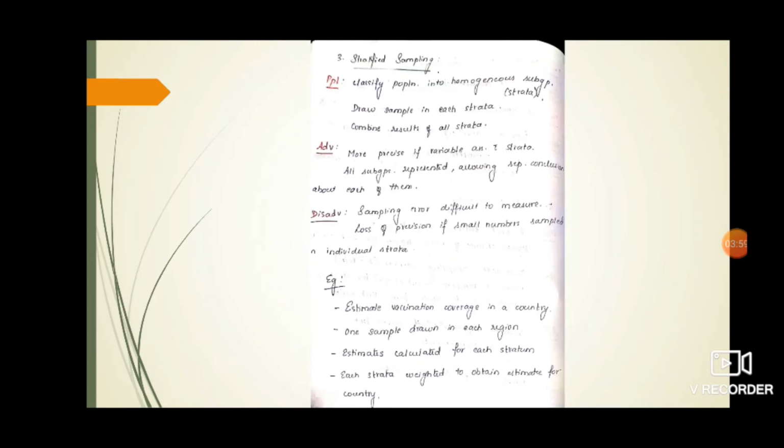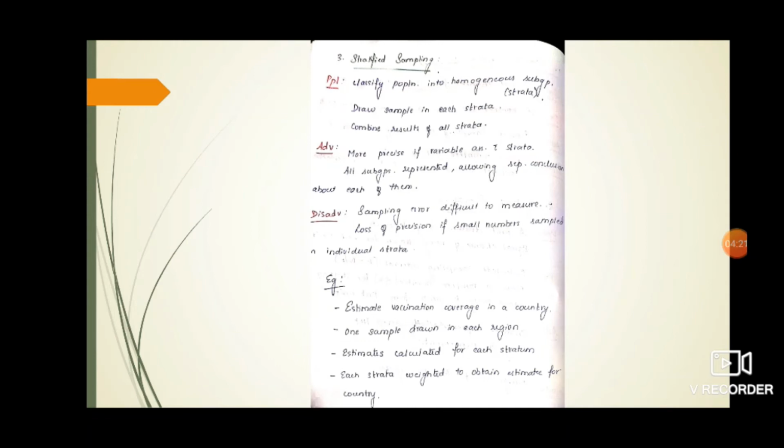Stratified sampling is to classify the population into homogeneous subgroups, then draw a sample in each stratum, and then combine the results of all the strata. It is more precise if variables are associated with strata. All the subgroups are represented, which allows separate conclusions about each of them.